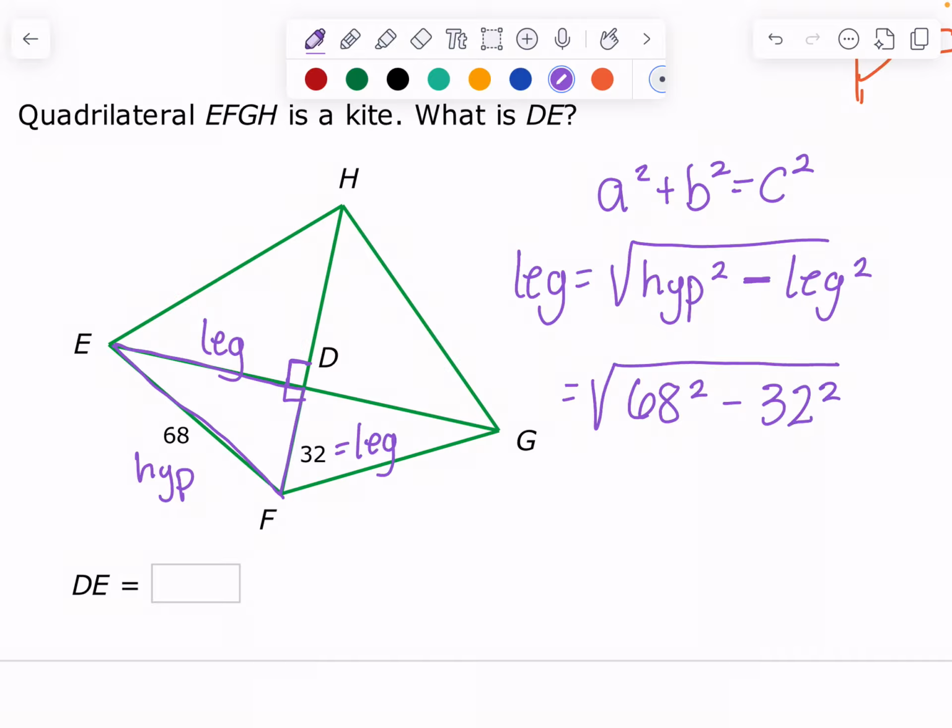And I can type that into Desmos and get a nice answer. So it's SQRT of 68 squared subtract 32 squared, and I got 60. Let me just show you how that typed in there. It'll be so handy.